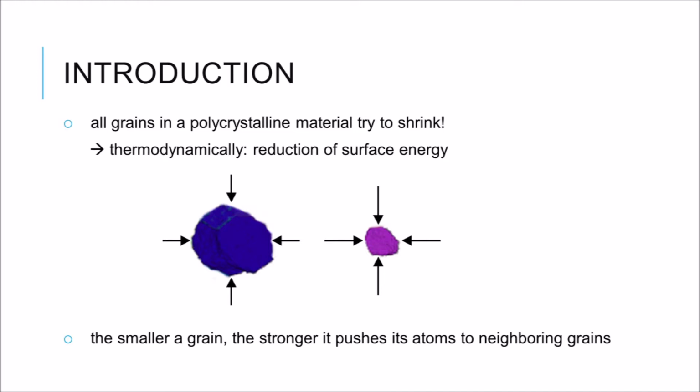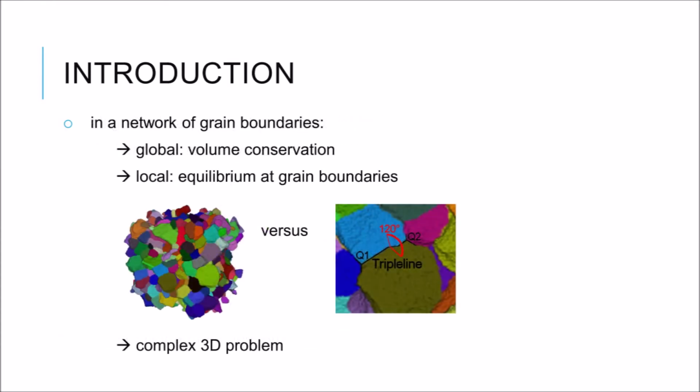Hence, the smaller a grain is, the stronger it pushes its atoms to its neighboring grains. And as a result, we have a very complex 3D problem because we do have a network of grain boundaries. From a global perspective, we have volume conservation, so the total volume of all grains stays constant.